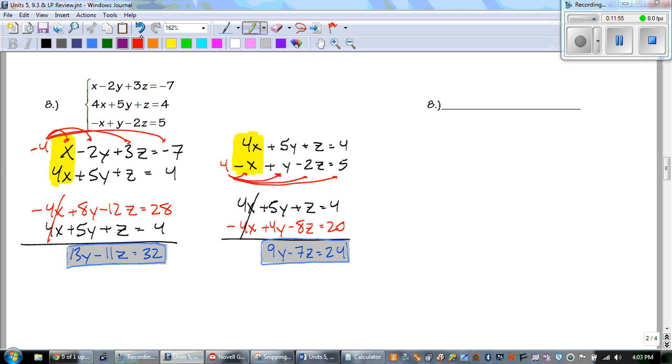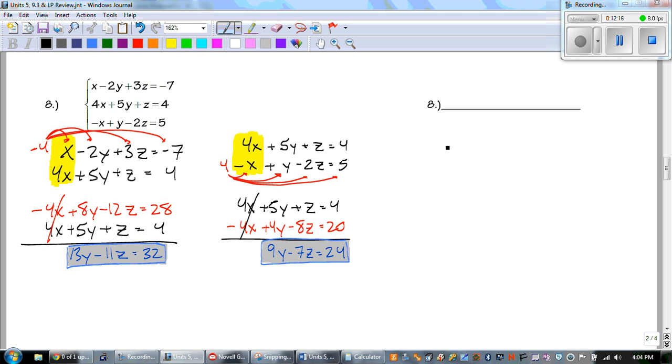Okay, so as I multiplied, we got -4x plus 4y minus 8z equals 20. Our x's canceled out, and then 5y plus 4y gives us 9y. 1z minus 8z gives us -7z, and then 4 plus 20 gives us 24.